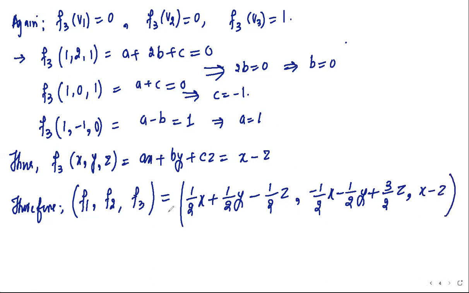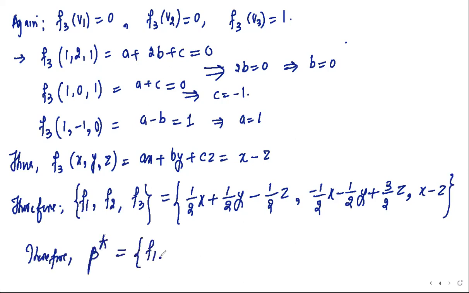So this is the set f1, f2, f3, which actually forms the ordered basis of the dual space. So therefore beta star is equal to f1, f2, f3 is the dual basis.